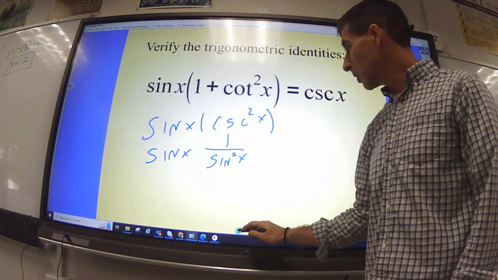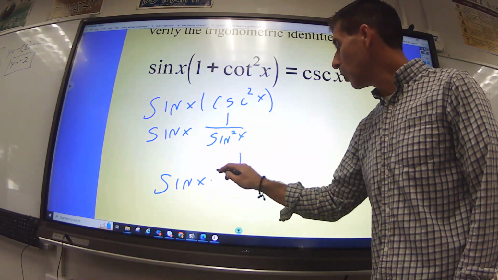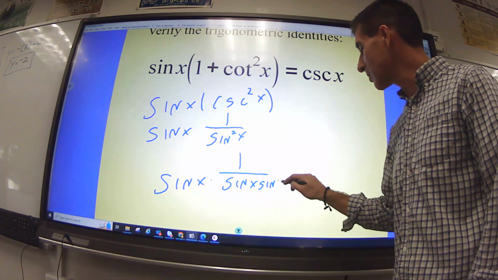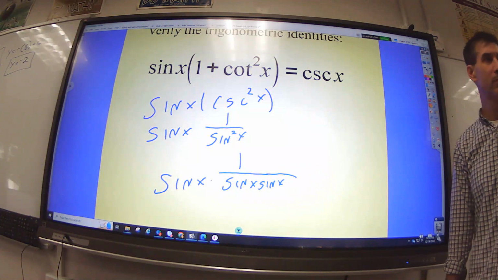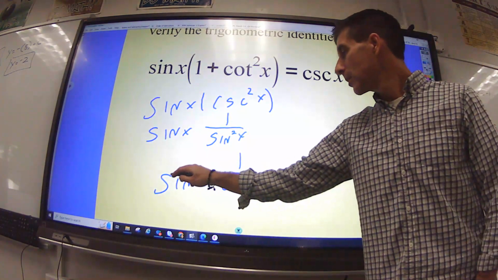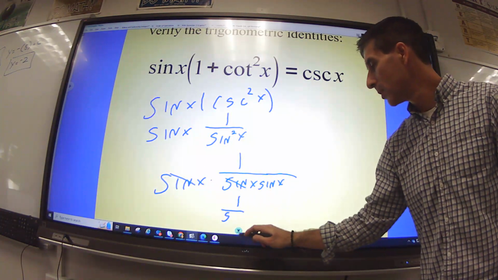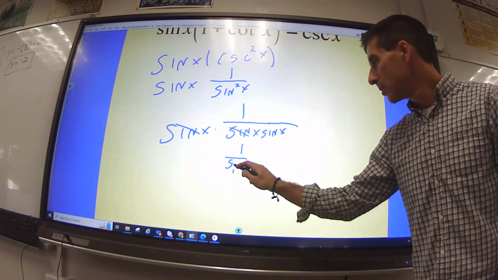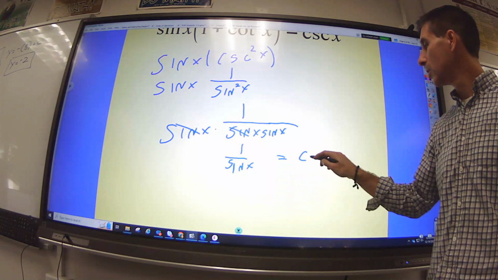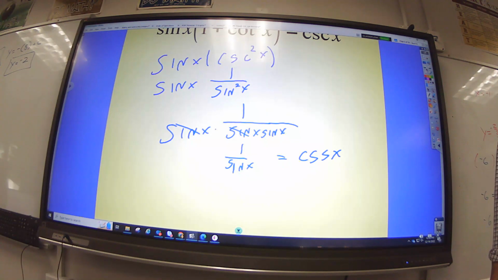And let's go sine x times 1 over sine x times sine x. You don't need to do that step, do you? I'm just doing it so you can see. What happens? Cancel, cancel, which is 1 over sine x, which is equal to cosecant x. And that's all you got to do.